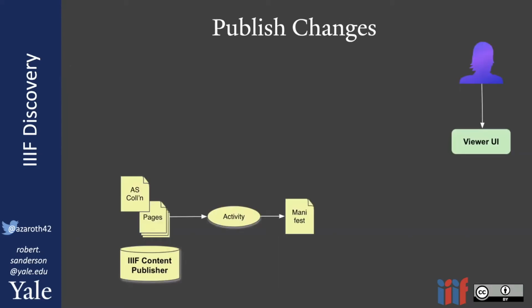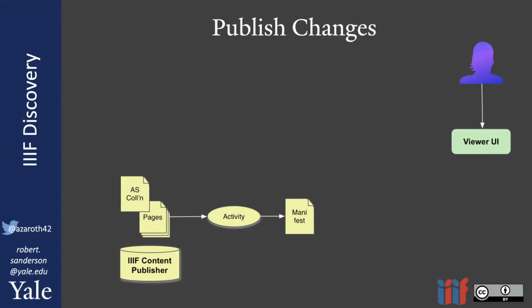So the first thing that we need to be able to do is to publish a set of changes that have been made to the IIIF content. In order to do that, we have a construct which we borrow from the W3C Social Web Working Group called an activity stream. Activity streams are made up of pages, and each page has many activities.